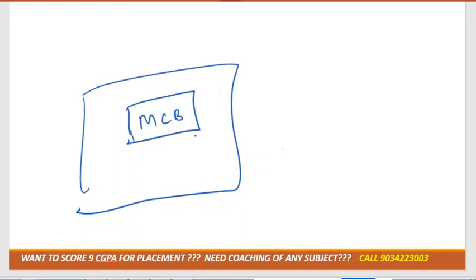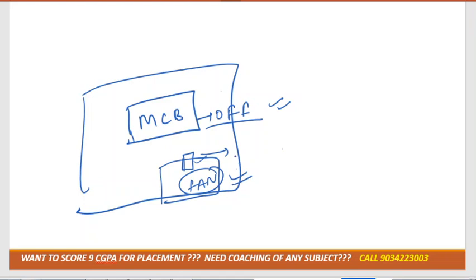If the MCB is off, and your room switch is on for the fan, will the fan work, yes or no? I'm asking again, if your MCB is off, but you enter the room and switch on the fan, will the fan work or not?